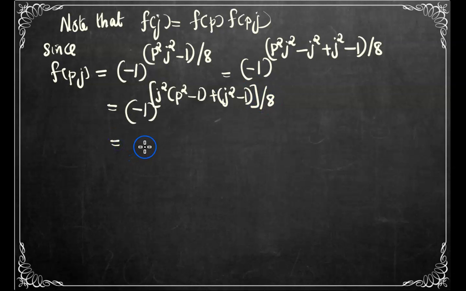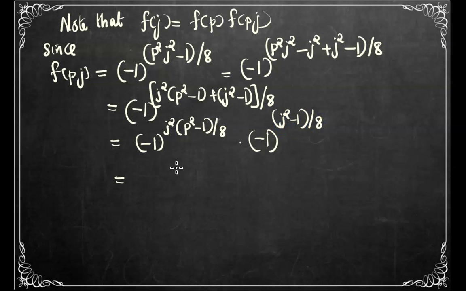And this can be expressed as minus 1 raised to j square into p square minus 1 by 8 into minus 1 raised to j square minus 1 by 8.